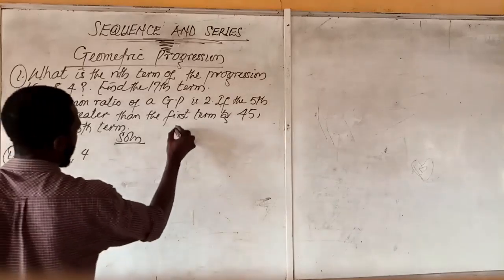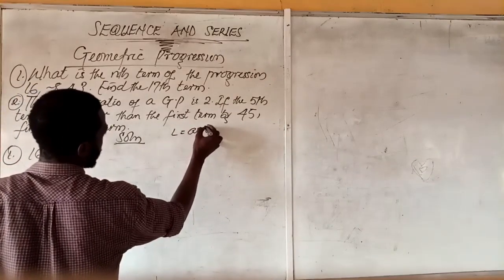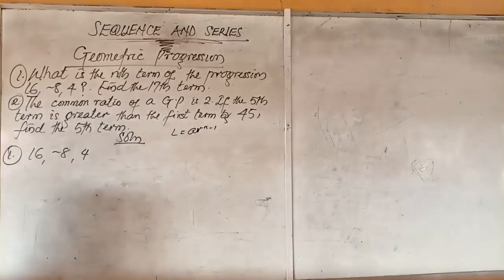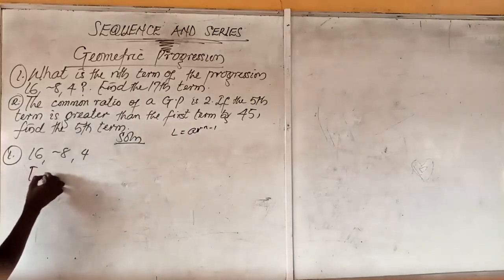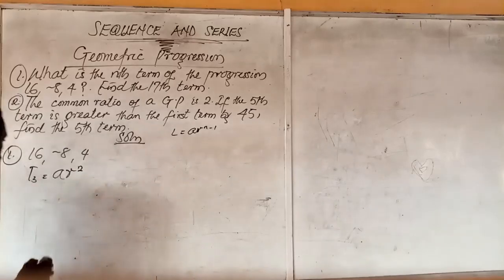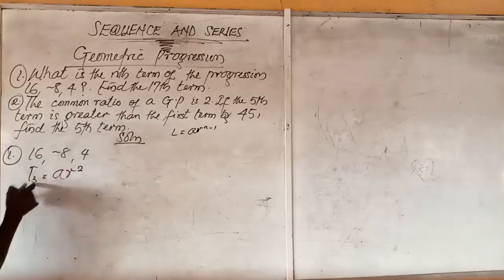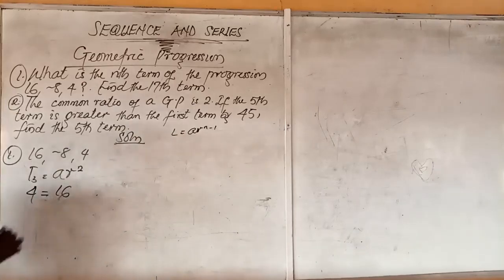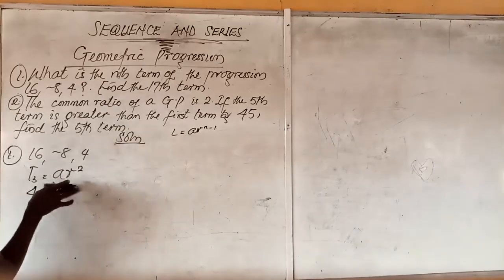So we have the last term is equal to AR raised to power n minus 1. So the last term here is the 3rd term. So we have T3 is equal to AR raised to power 2. So T3 is 4. So 4 will be equal to, what is our A? A is 16. Then R, what is common ratio now?